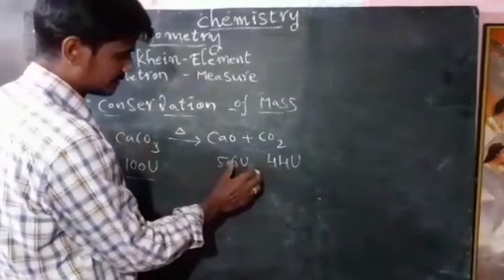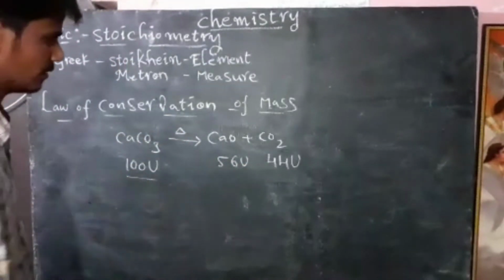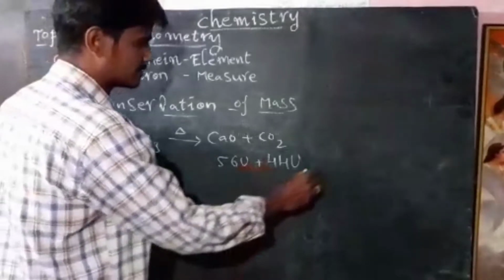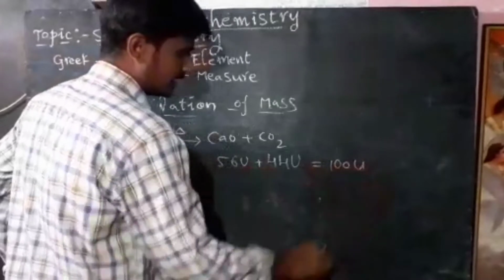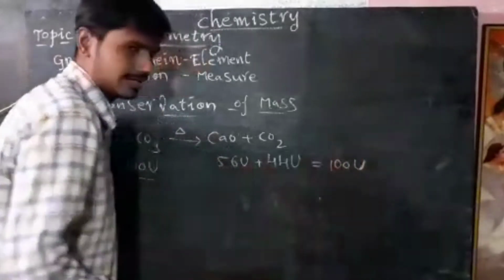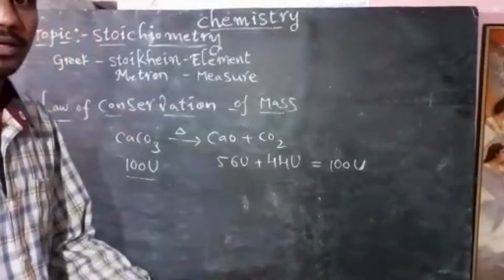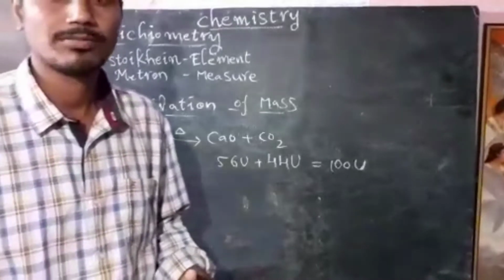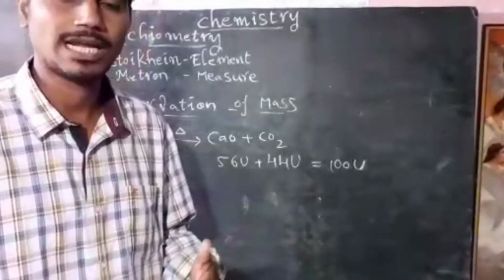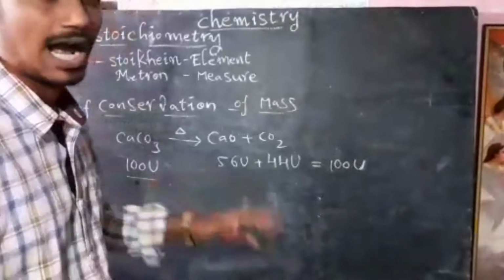When you sum the right-hand side, the product side, what is the total? 56 u plus 44 u, that is 100. So from this what can we understand? Before the chemical reaction, the molecular mass of calcium carbonate is 100.